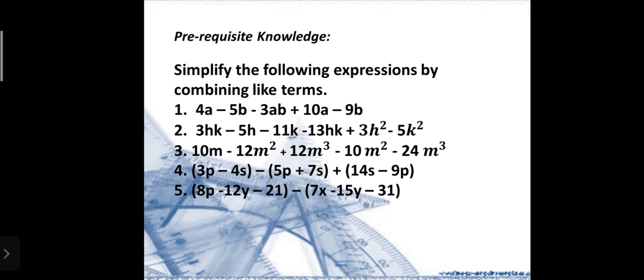Hindi po yun pwedeng pagsamahin. Pwede lang siyang i-multiply. Sa multiply lang yun pwede, kahit magkaiba sila ng exponent. Pero pag addition, hindi yun pwede. Kasi magkaiba siya ng exponent. Yung isa kasi, nasa third degree, yung isa nasa second degree.